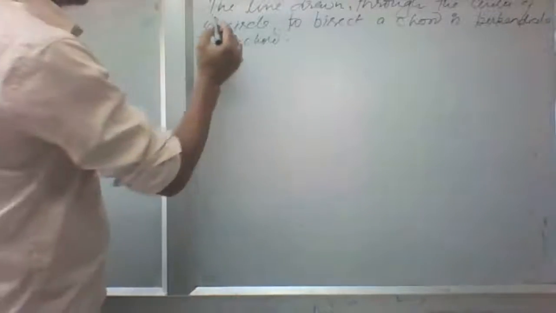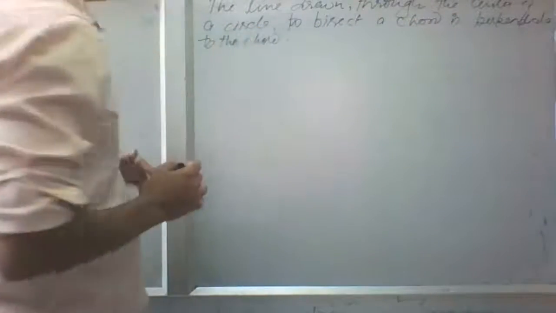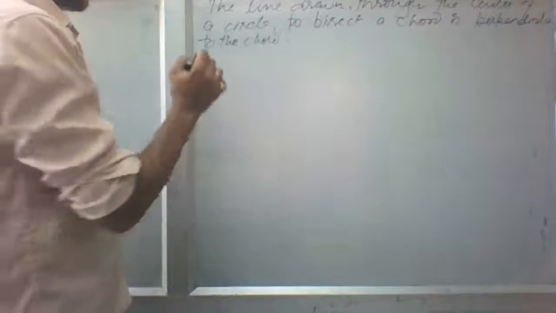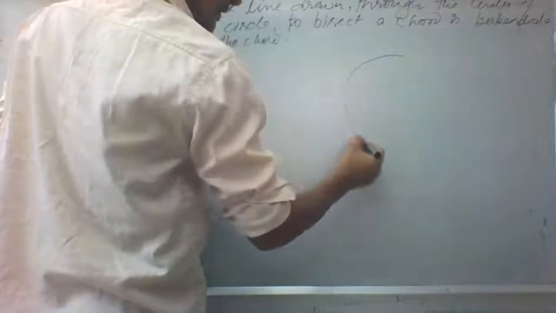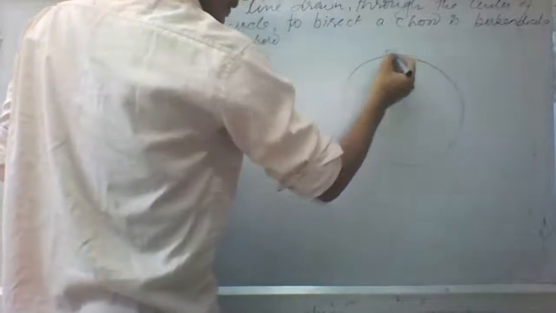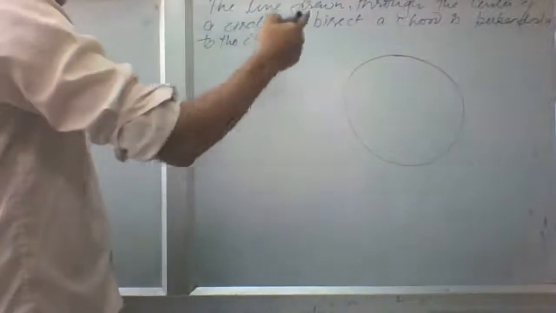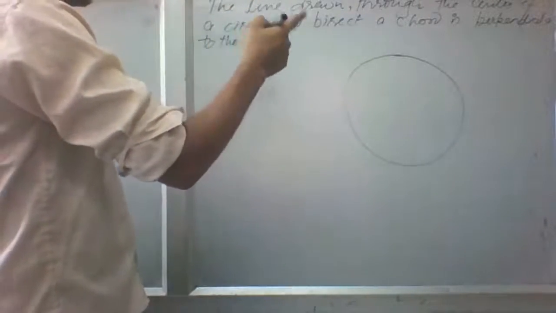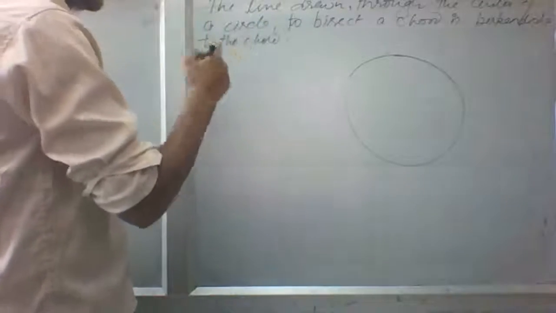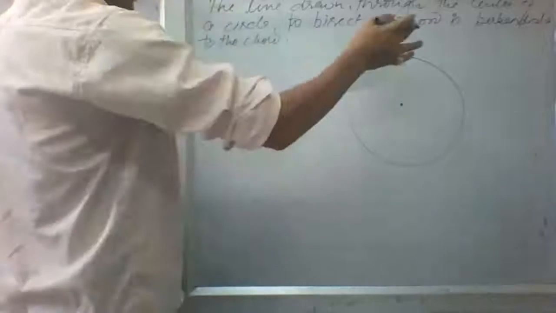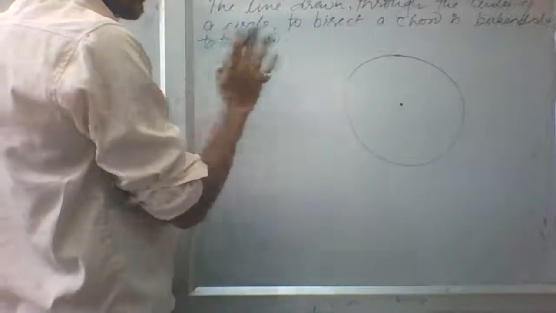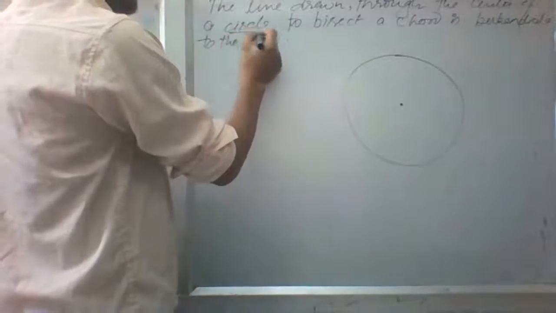What's this? The line drawn through the center of a circle. Got it? What I have to do first, I have to make a circle. A line drawn through the center of the circle. The circle is made, one requirement is finished.